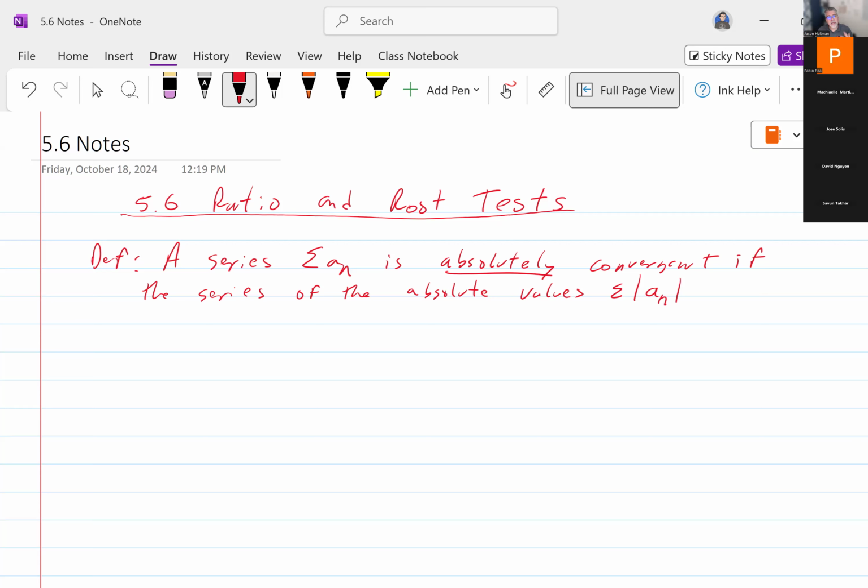It means that we're taking the absolute value of every term. Even if it's alternating, we negate the alternation and just let every term be positive. So this is absolutely convergent if the series of the absolute values converges.